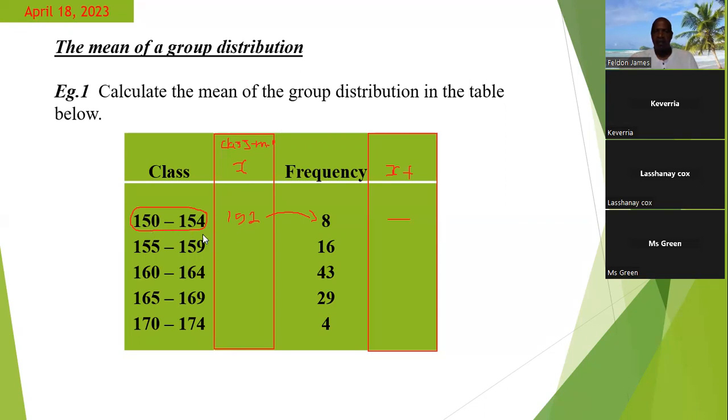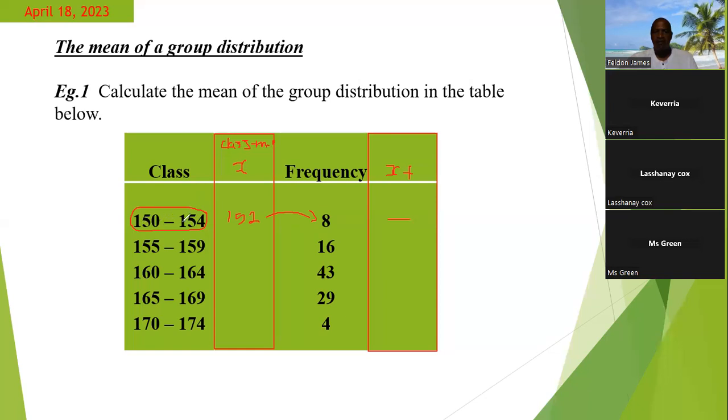Now, there's another way you could calculate the class midpoint, and it should be a little faster than adding and dividing by 2. If you look at all the classes and take the smaller number from the larger number, you realize all the classes differ only by 4.